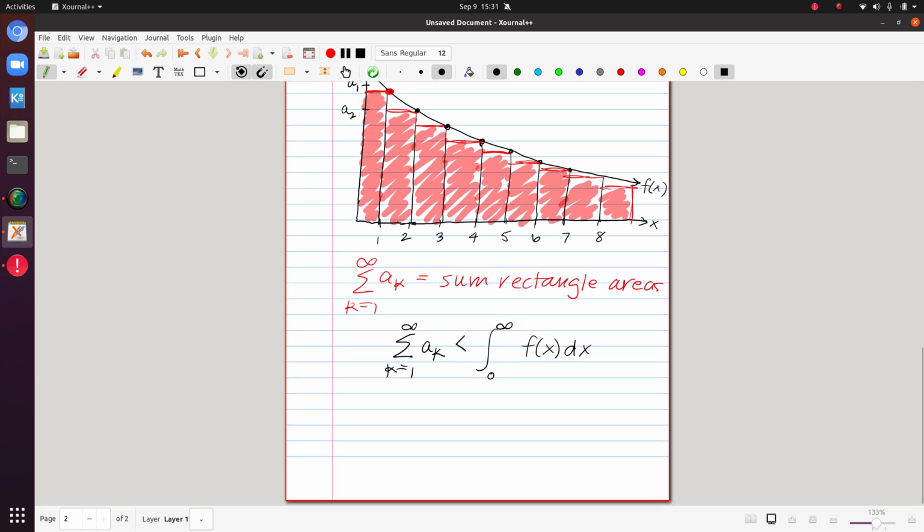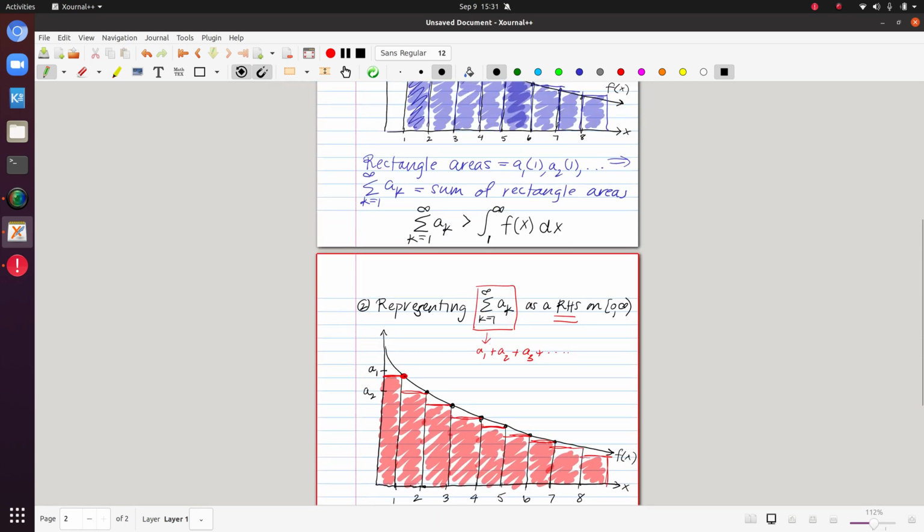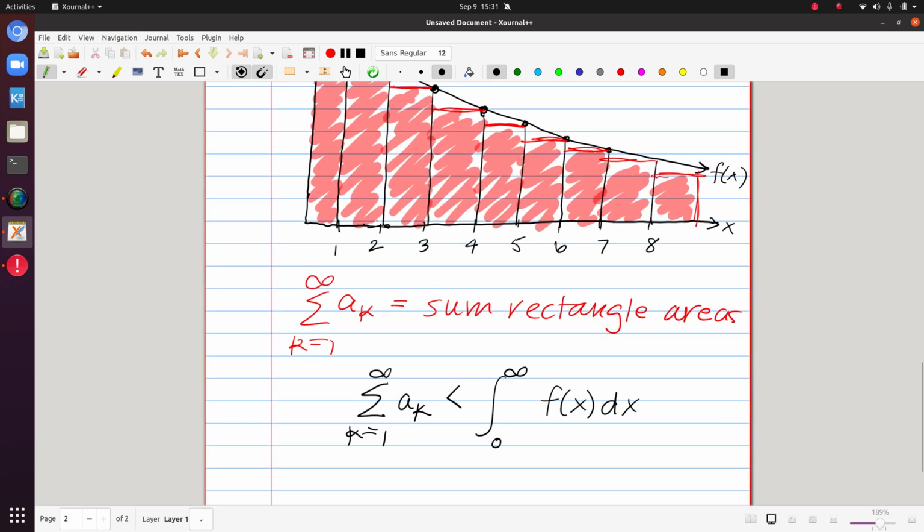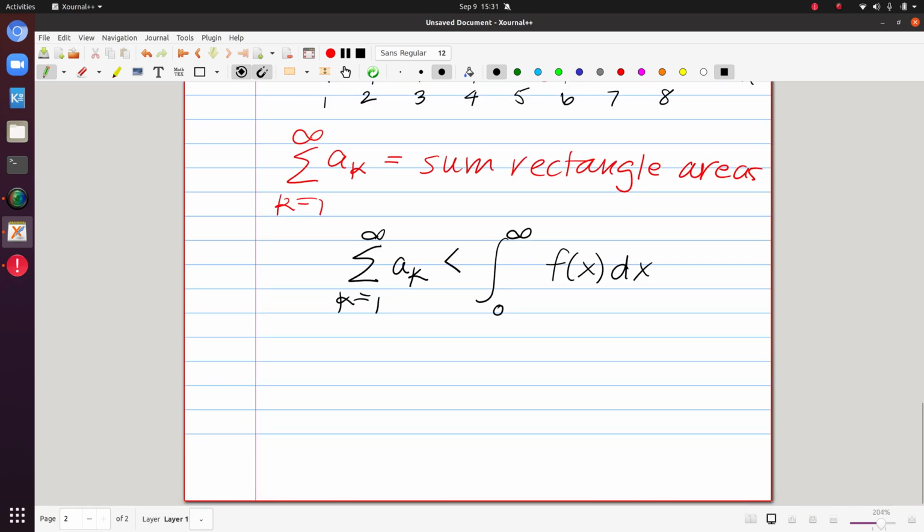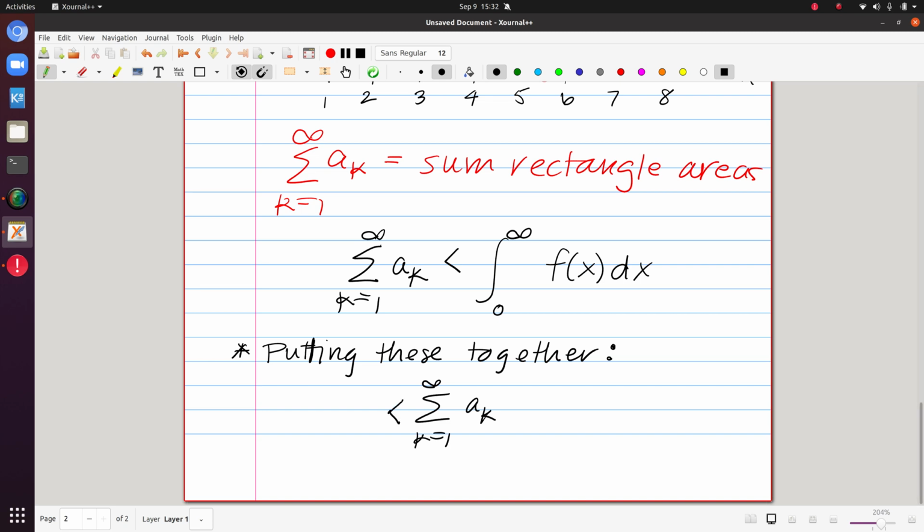So I have two different bounds that I've constructed on this one sum from these two pictures. So I'm going to be able to put these together. So putting these together from these two different pictures, if I want to make a statement about the sum of these a sub k's, let's put that in the middle here. From our first picture, we saw that we had a lower bound for the sum, and that was the integral from 1 to infinity of the associated f of x.